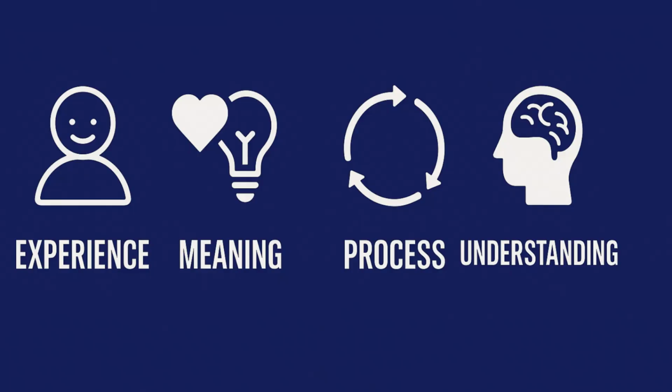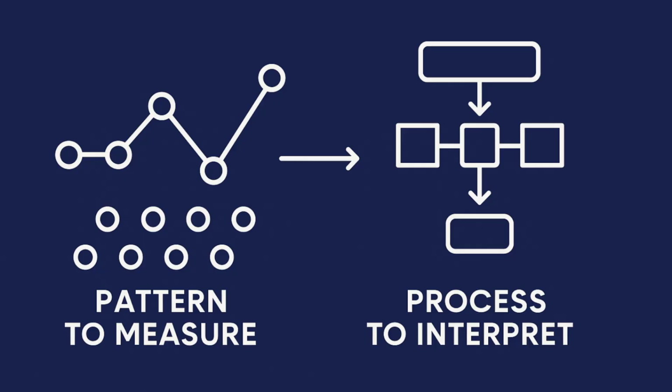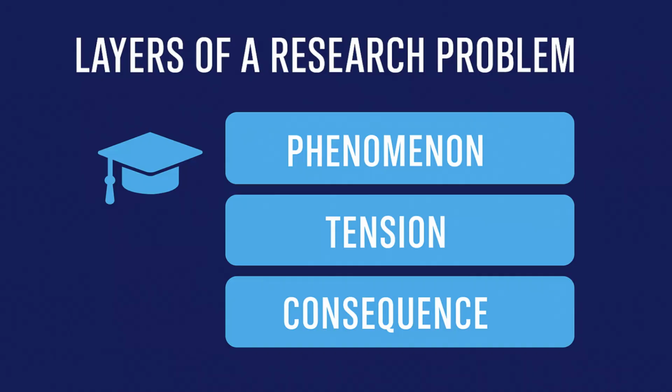If your study will be qualitative, it should emphasize experience, meaning, process, or understanding in context. If you are using a mixed methods design, your problem can hold both a pattern that needs to be measured and an experience or process that needs to be interpreted in order to explain that pattern. You do not need to name the method in the problem paragraph, but the kind of tension you describe should be consistent with the kind of answers your design can provide.